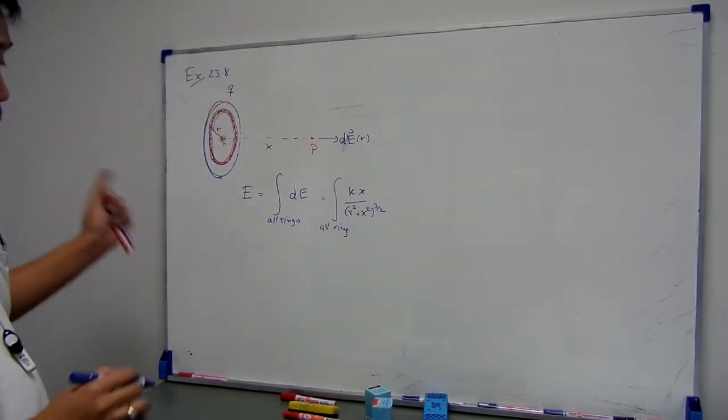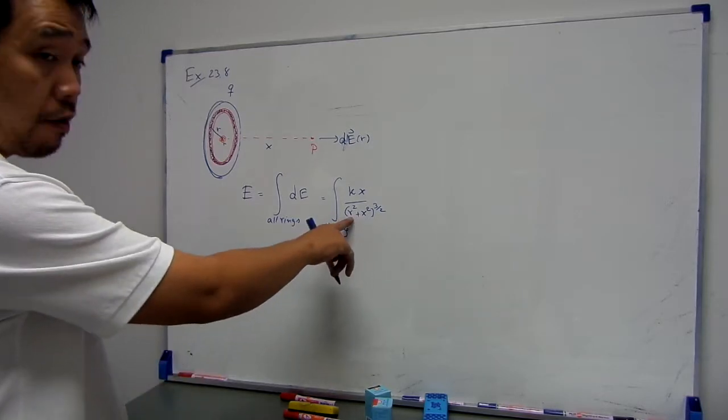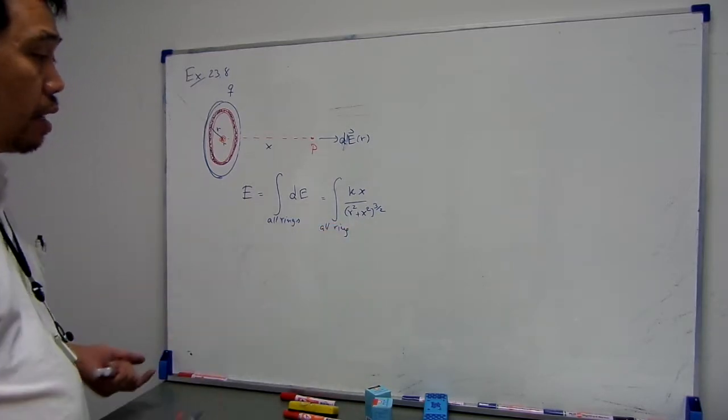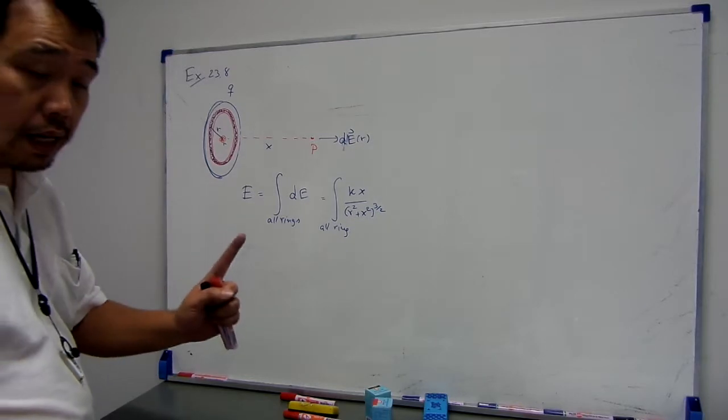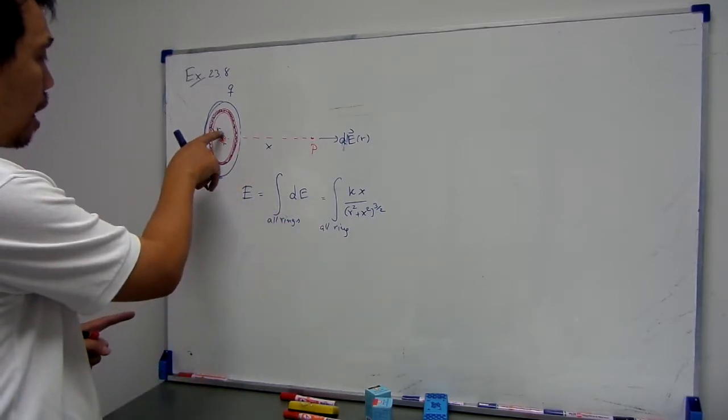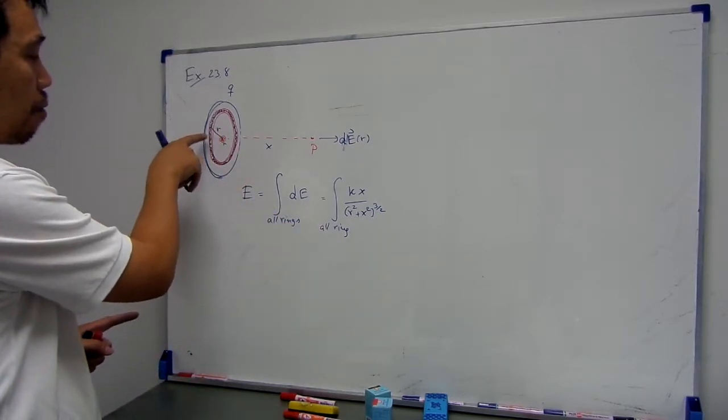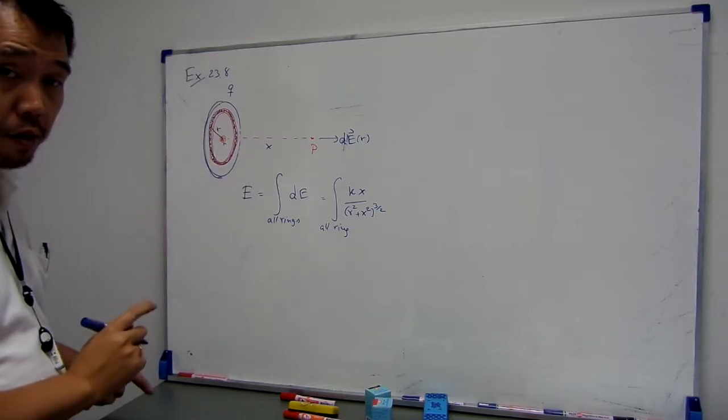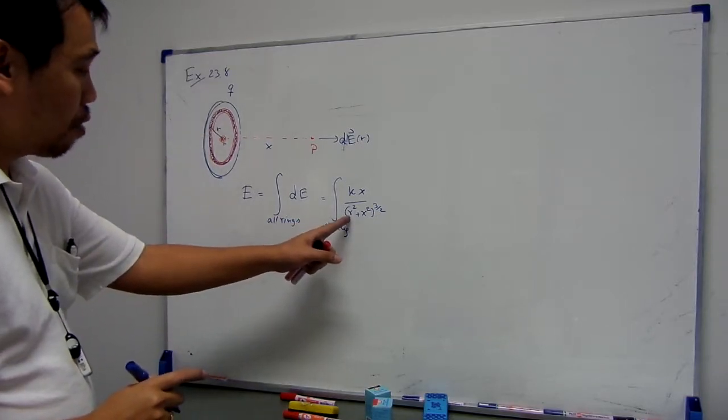In the previous example, this was a, the radius of one ring. But now we use R as the symbol of the radius of each ring, and R is a variable. So here we use R.